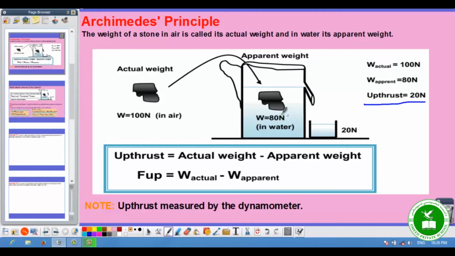So a 20 Newton force is acting on this object. And one short note: upthrust is measured by the dynamometer. Obviously upthrust is a force, and force is measured by spring balance or dynamometer.